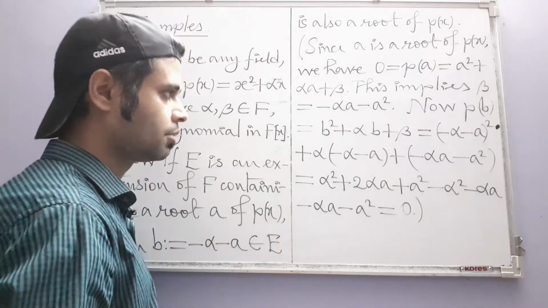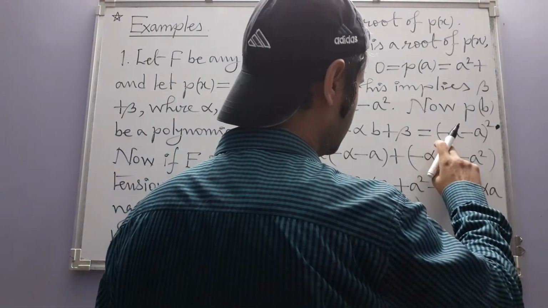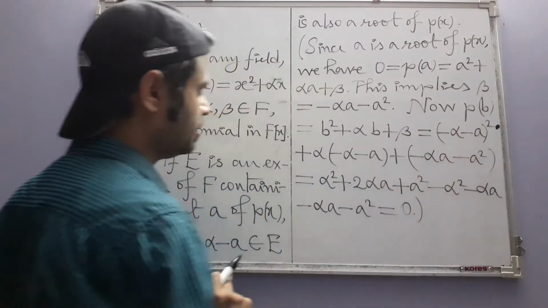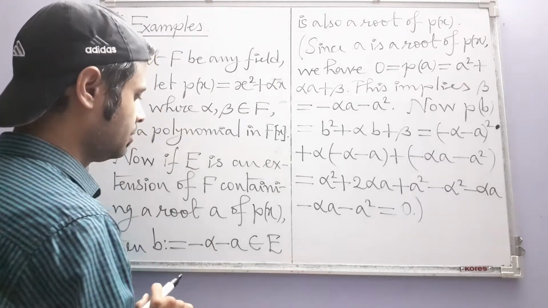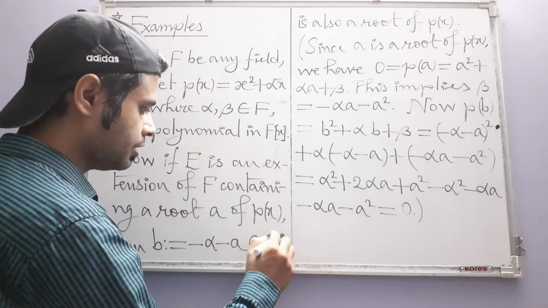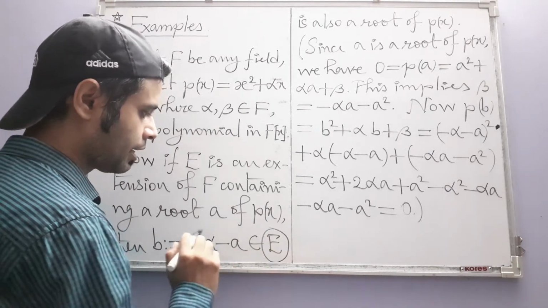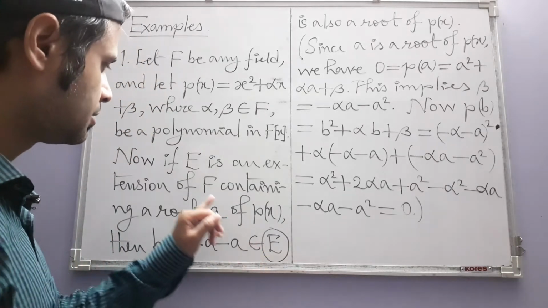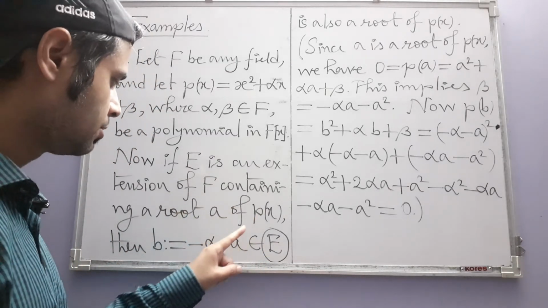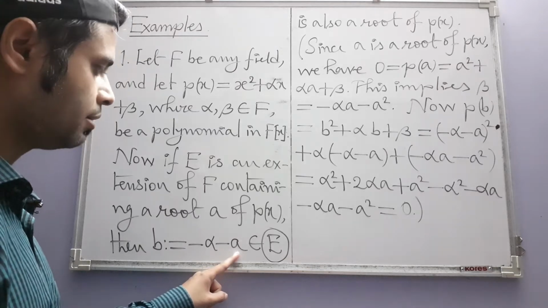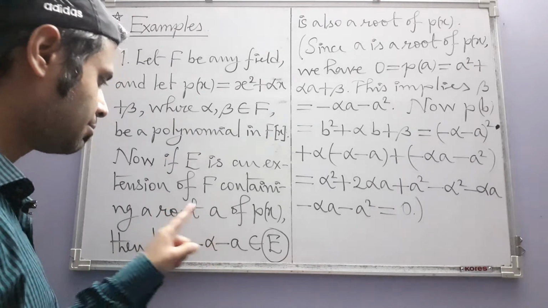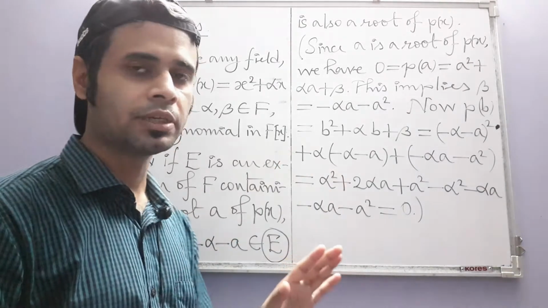Actually it is true, because you see, this entire calculation is happening where? In the extension field E. And I say E and not necessarily F because we have an element A which is coming from E involved in this calculation.